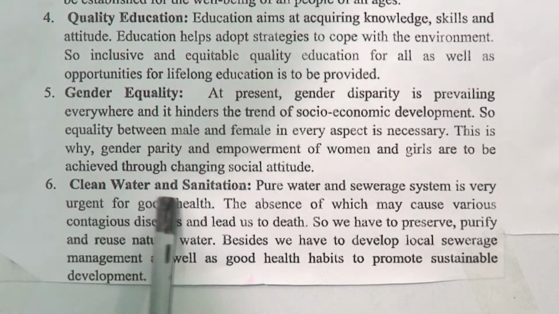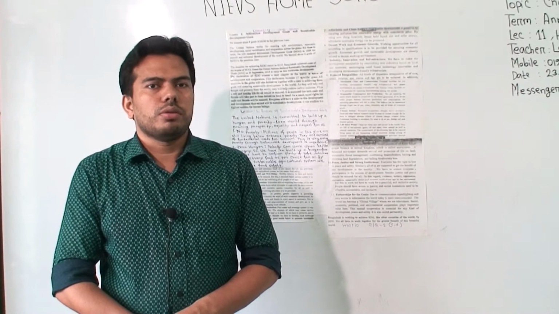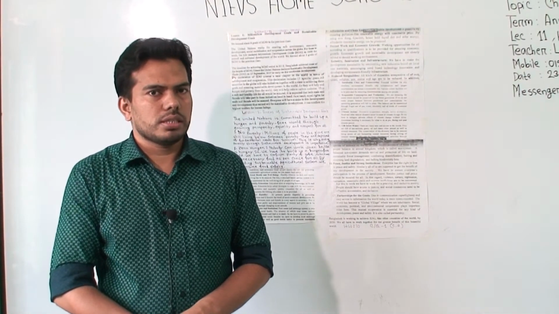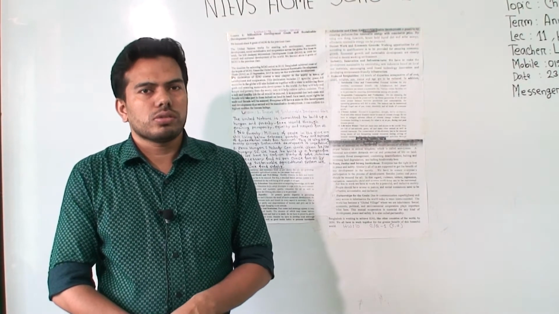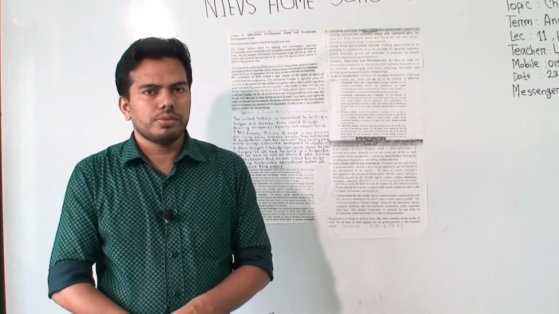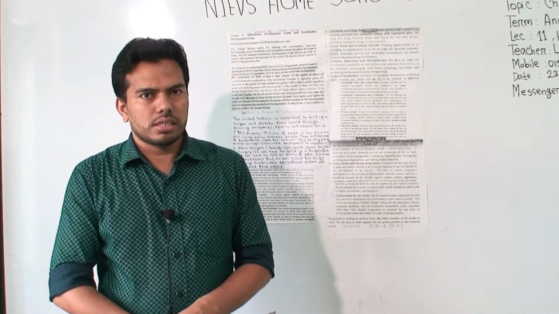Next one is clean water and sanitation. Pure water and a sewage system are very important for a healthy lifestyle, and whenever we find a rural area, we can see there is not enough sanitation method or process there. That's why most of the time they suffer different types of disease.